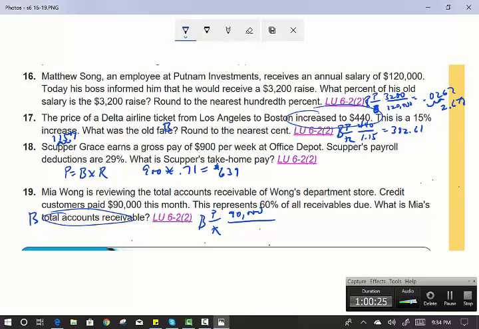And then her rate is 60% or 0.6 after you move the decimal point 2 places to the left. 90,000 divided by 0.6 is equal to $150,000. So she's owed $150,000. She's received only 60% of it, which amounts to $90,000.